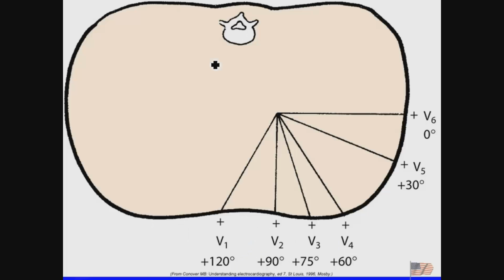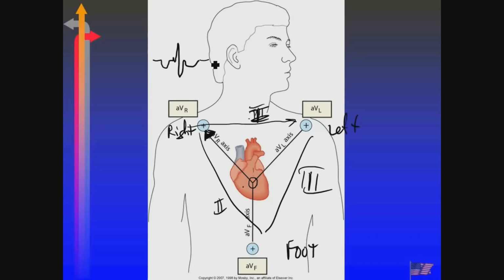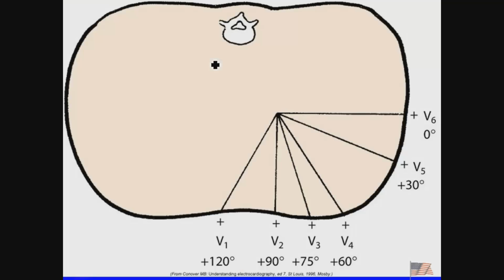Lastly, thank God, instead of looking in the vertical plane, as both of these were, we're going to look in the horizontal plane. Imagine I took a big knife and cut right through the center of your chest. Now what I'm measuring are the chest leads, or precordial leads, measuring coming across my thorax.